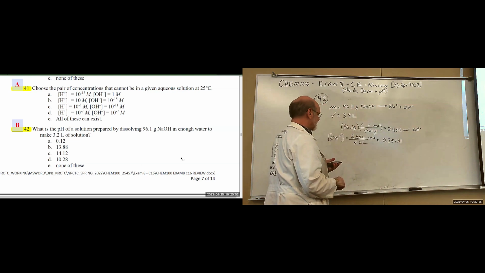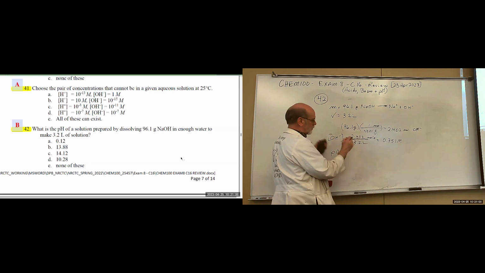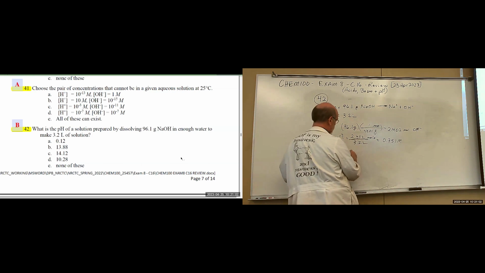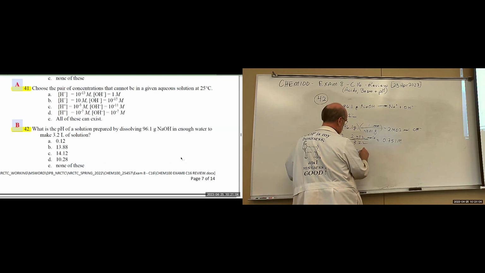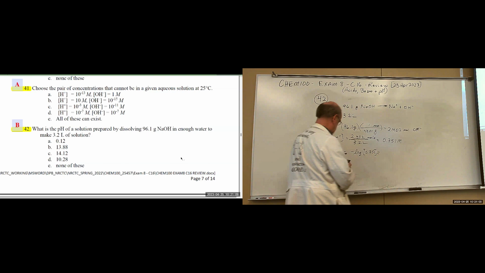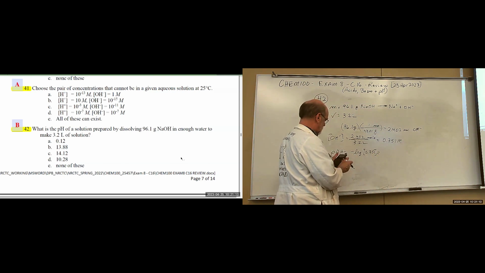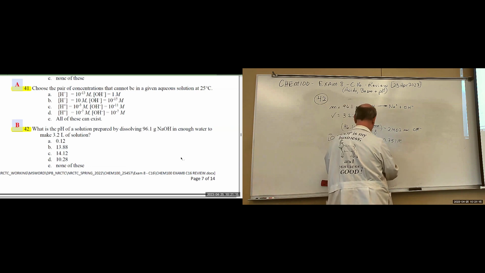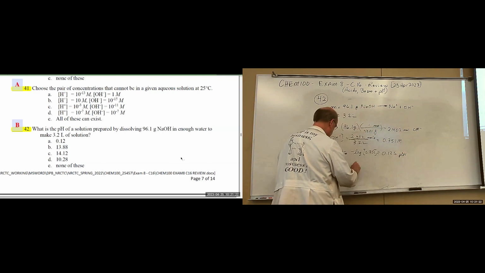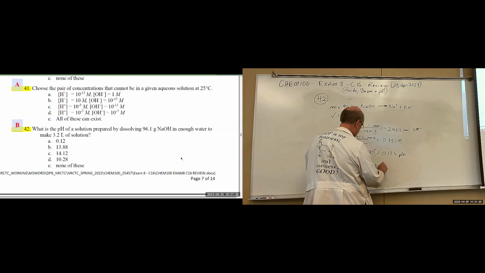Okay, so let's take the pOH of that one. If we're going for pH, let's just do pOH, negative log of 0.751. Take the log, change the sign. I get 0.125 pOH. So pH is equal to 14 minus 0.125.